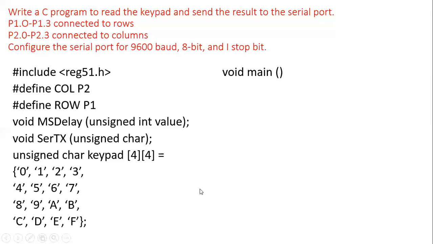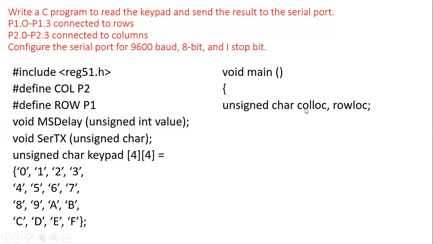Very good. Now we start with the main program, isn't it? The program execution is going to start from here actually. These above are all only initializations. The program execution starts from here, void main. In void main, we define two variables here, a column location and a row location.